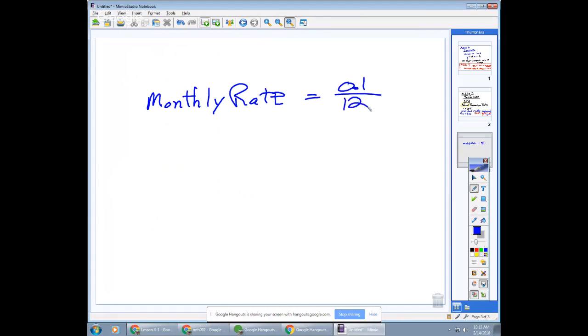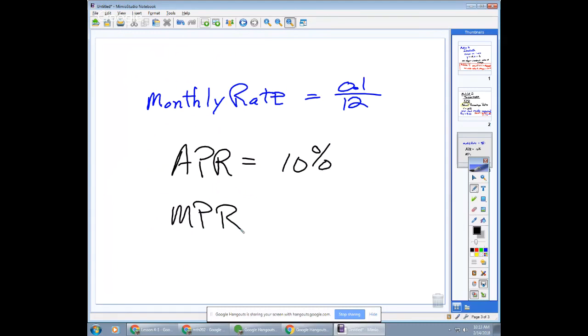Dividing by 12 is a pain, so we get a weird number that goes on for a while. But that's the monthly rate. So in short, if the APR is 10%, let's call it MPR for monthly percentage rate. That would have to be 10% over 12, because there are 12 months in the year.